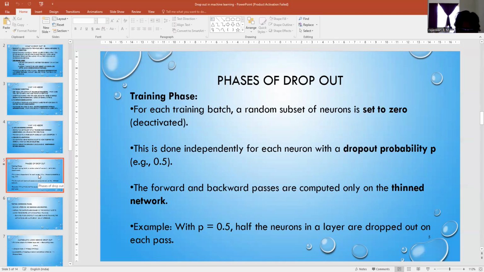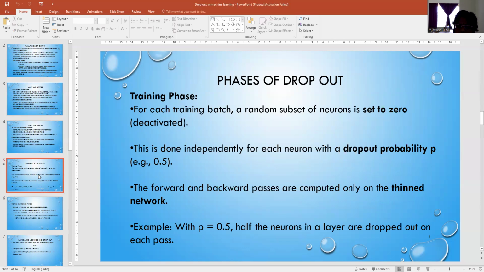The value is between 0 and 1, because a probability value occurs between 0 and 1. We already studied this in probability and statistics: the probability is always 0 less than or equal to x less than or equal to 1. This logic is used in dropout also.